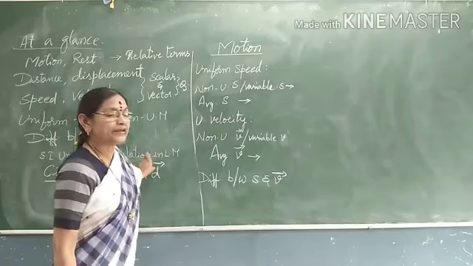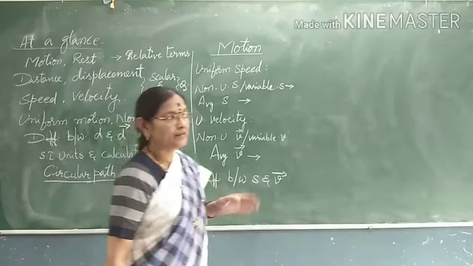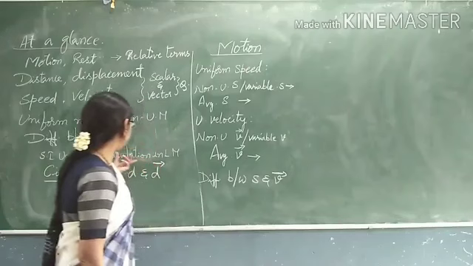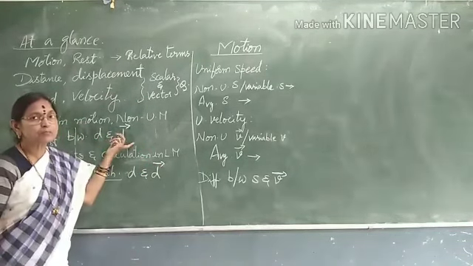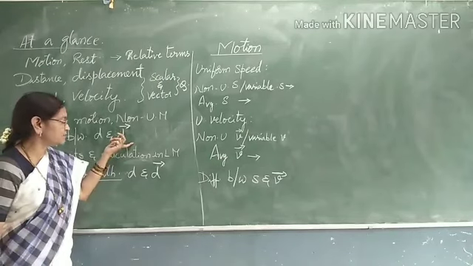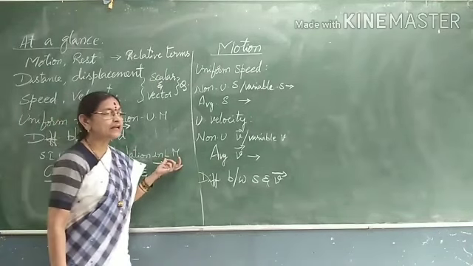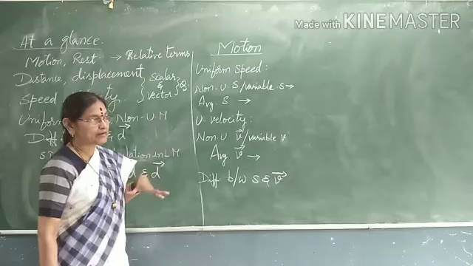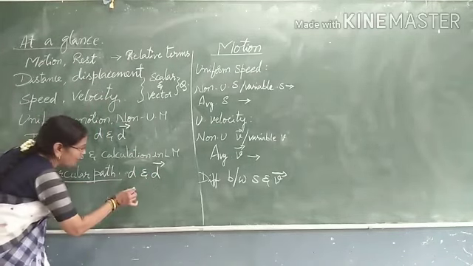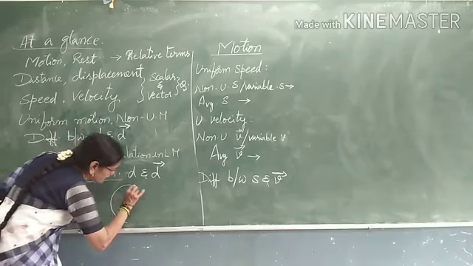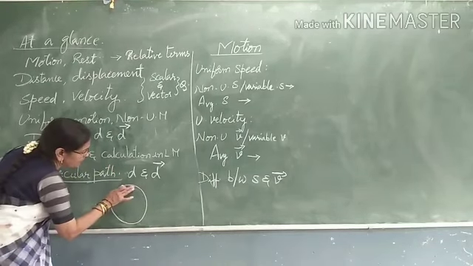Now when the body is moving in a linear path, we have calculated what its distance and displacement are. Now if a body is following a circular path, that is a circle, what is the distance covered and displacement?